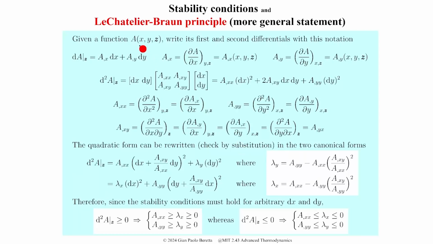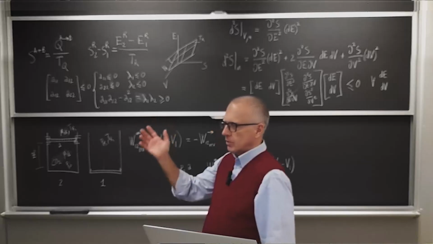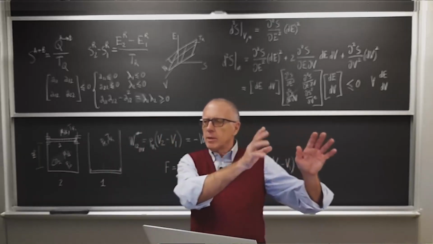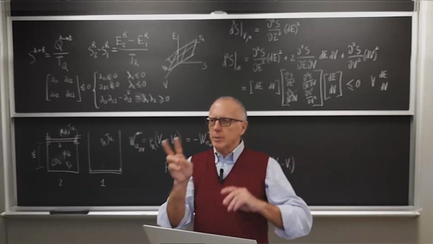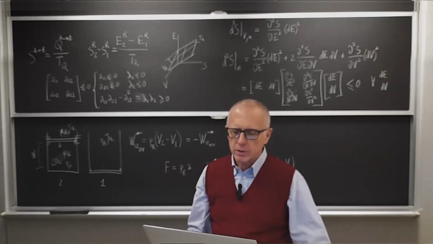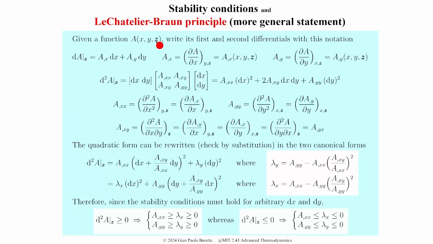So let's say we have a function a of two variables. I put also the other z here just to say that the z's are going to be constant. So I have several variables, but I keep constant all except two of them, which are x and y. And then, for example, I have that function. I can write the differential: the partial of a with respect to x times dx plus the partial of a with respect to y times dy.